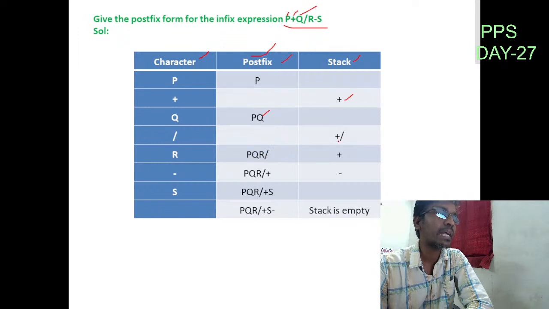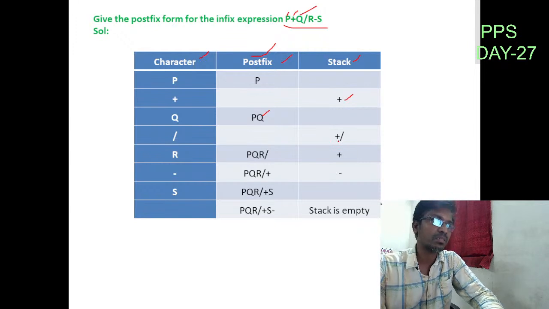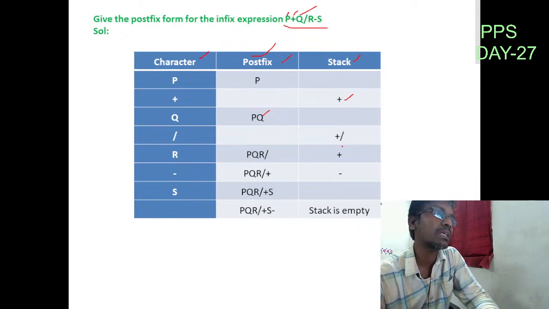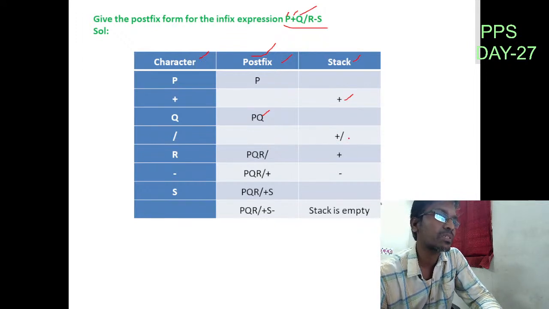If the stack contains two operators, then you take the one having higher precedence, pop that operator and place it into the postfix. In this example, plus and division, division has more precedence than plus, so I remove the division operator and place it into the postfix. Then the postfix contains PQR followed by slash.